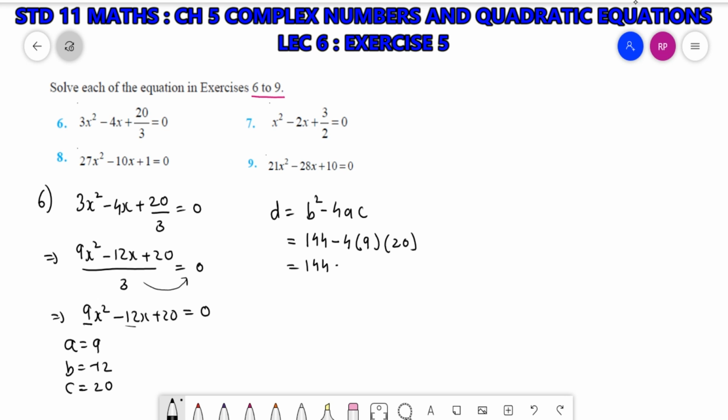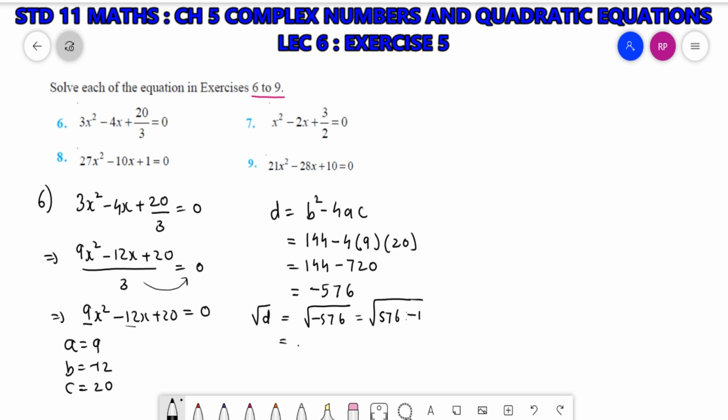So 144 minus 9 into 4, 36 into 20, that is 720. So 144 minus 720 will be equal to minus 576. So root d will be equal to square root of minus 576. So square root of 576 into minus 1.